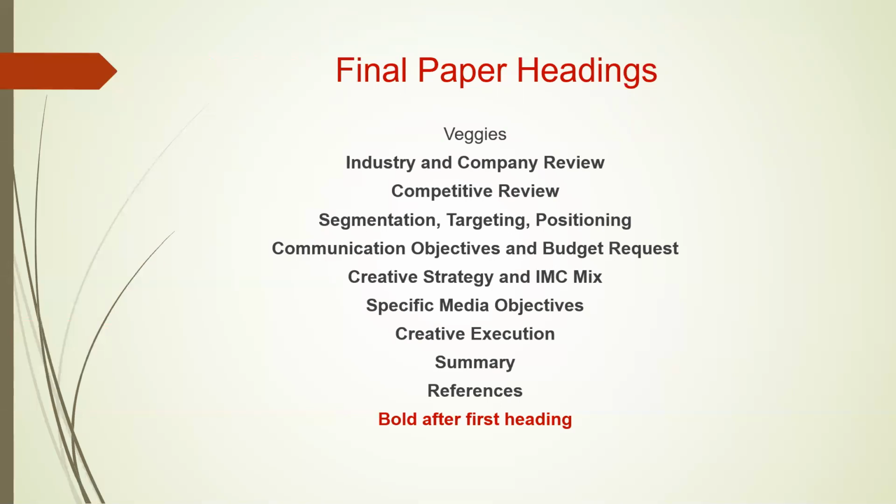I would use industry and company review, competitive review, segmentation, targeting and positioning, communication objectives and budget request, creative strategy and IMC, specific media objectives, creative execution, summary, references. And as I said, they're bold after the first heading. I basically took this right from the main elements of the paper.